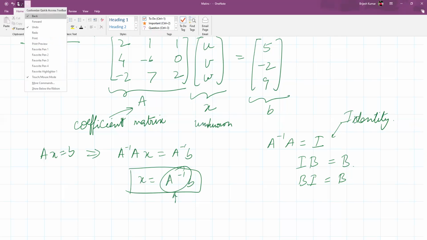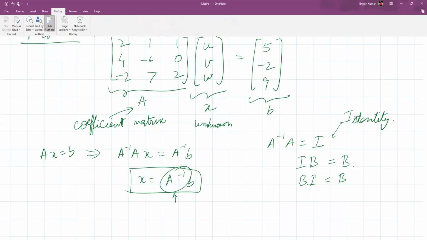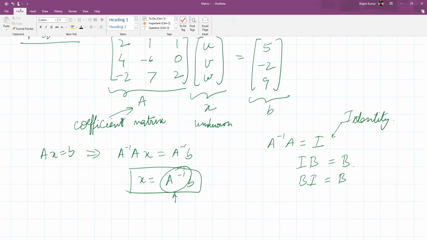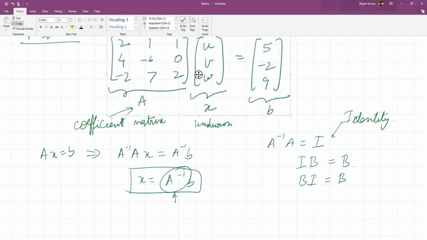No. No edit button here. Can you see copy anywhere? Insert, draw, history, preview. Anyway, here I have a copy, yeah, copy.